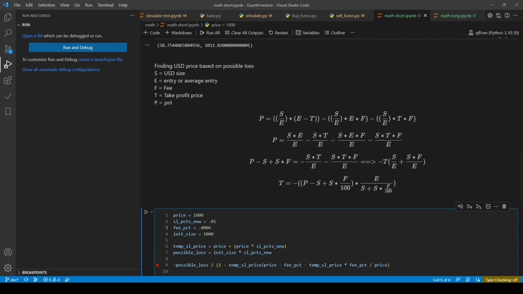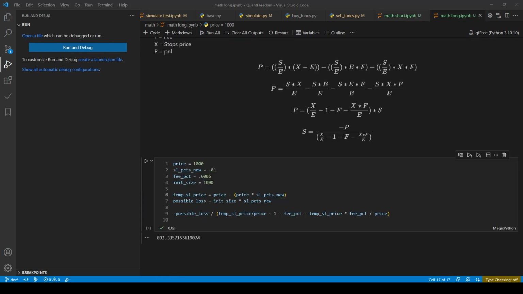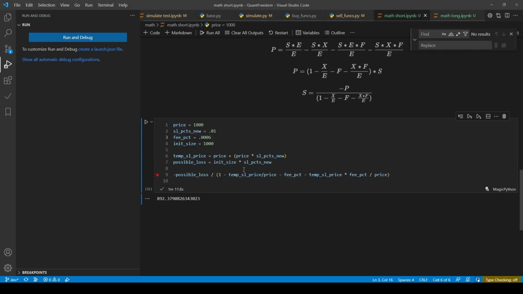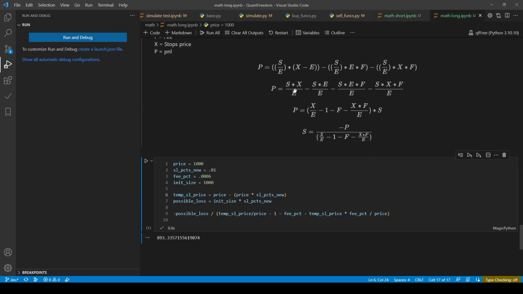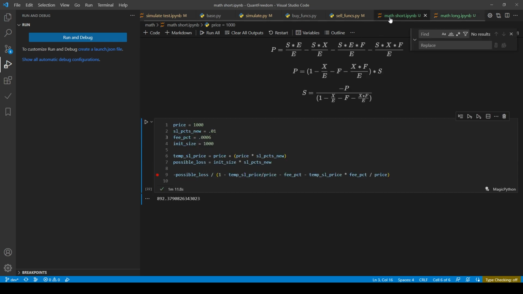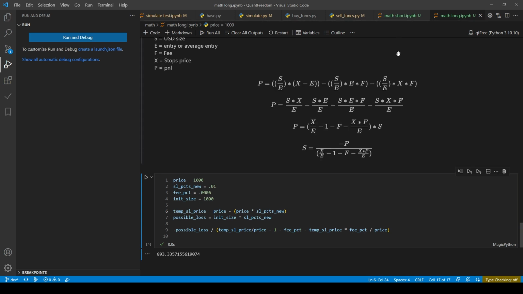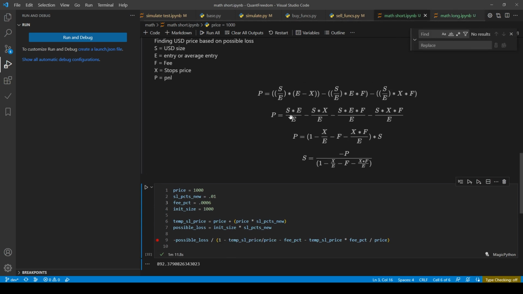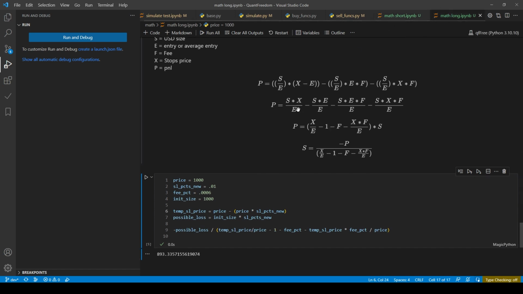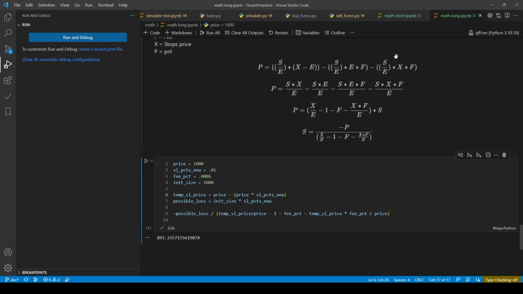I've noticed now that the only difference between longing and shorting is that the -1 goes here for long and here for short. All you do is switch from this to this, and this to this. Literally the only thing that switches is these, and you end up getting the same information.